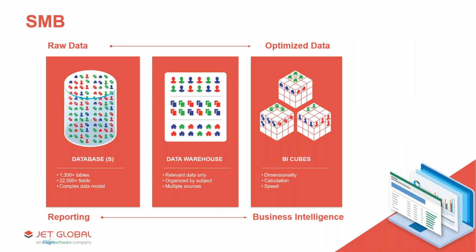So we start, let's say, on the left-hand side with our database. Any ERP database is quite a complex data model made up of lots of different tables and fields, and that can be quite confusing for business users to understand. So moving to the middle box, we take the relevant data out of the database and we organize that by topic or subject, if you like, and we just take the relevant data that we require for reporting.